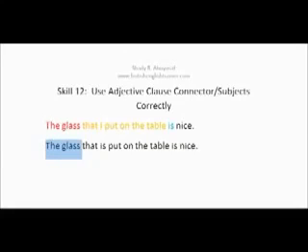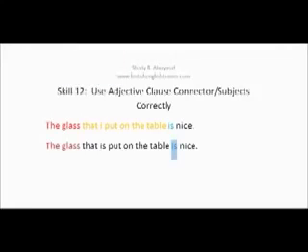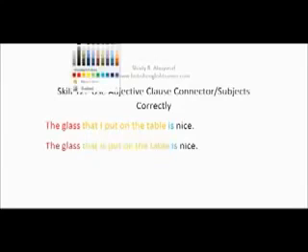That's a subject. Let's give it red color. Fantastic. And is, that's a verb. So I've got the glass is nice, and that is put on the table is what we call an adjective clause.